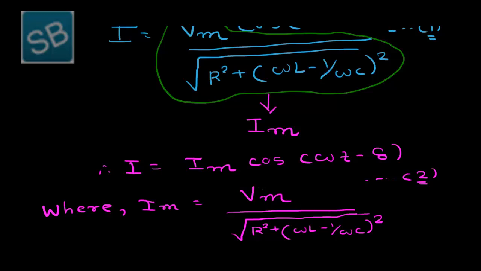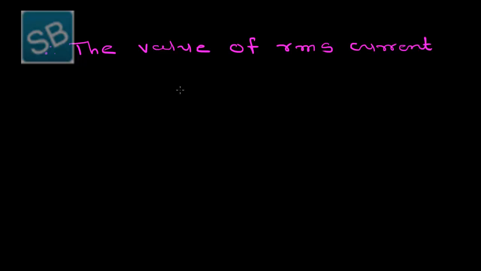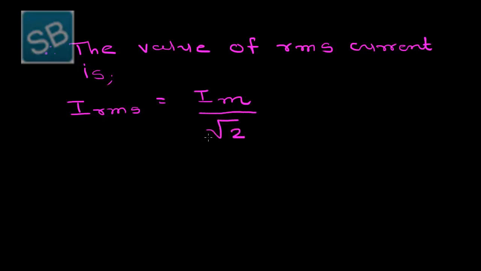And now I am obtaining the RMS value of this electric current. Therefore, the RMS current, IRMS, is equal to Im upon under root of 2. Now what is the value of Im?